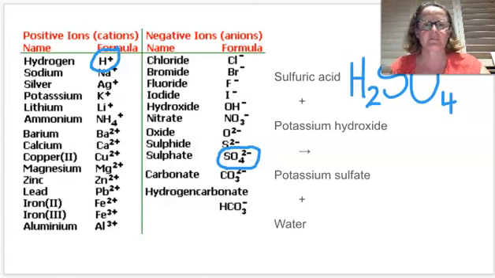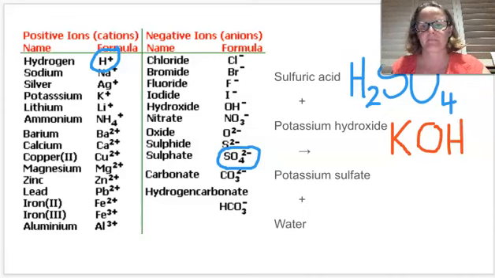We've met potassium hydroxide already. K is a single plus, and OH ions are a single negative, so you just need one set of each. Now, let's work out potassium sulfate. Potassium is our 1+, sulfates are here.